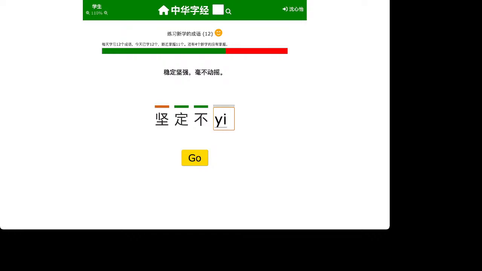This one is this one. 坚定不移, I got it. I remember. I got it last time. What? Why? 坚定不移, so slow.